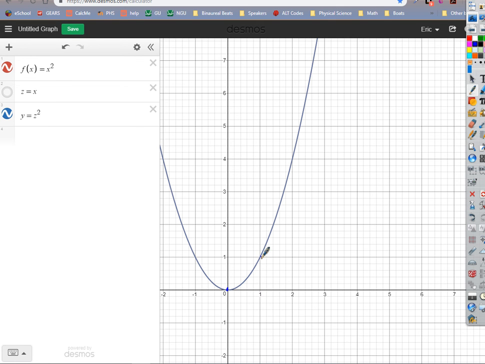When x is 1, 1 squared is 1. When x is 2, 2 squared is 4.